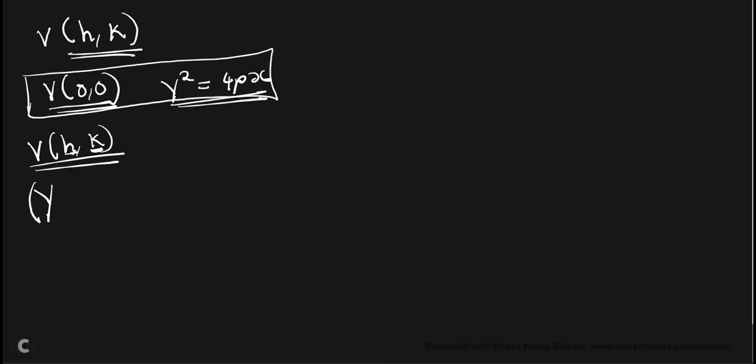So we start with y. What is in the y-axis? It's k. So it says y minus k, then you square it, equal to 4p. Now here it's x, meaning you say x minus h. Why are we doing minus h?